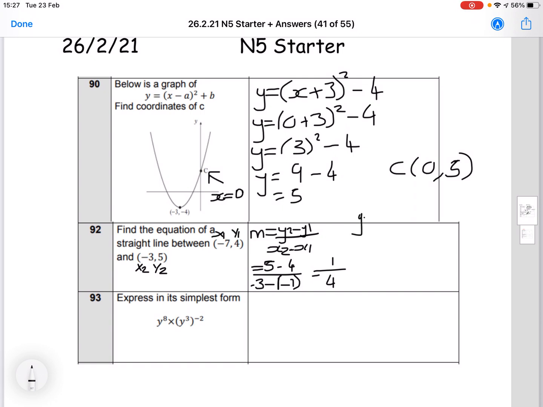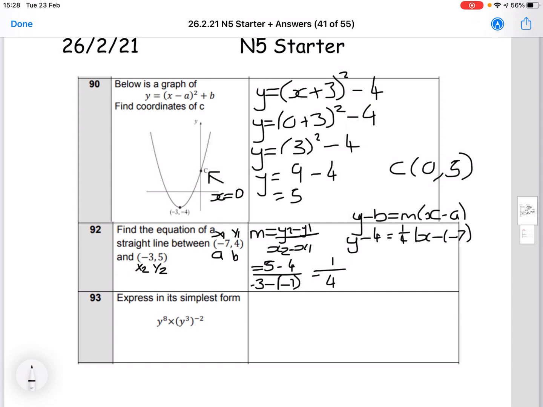We're then going to do our straight line equation. So y minus b equals m brackets x minus a. And we'll just pick one of these coordinates to use as a and b. So let's go for -7 and 4. So a and b. So in the equation we're going to have y minus 4 equals 1/4 (x minus -7).